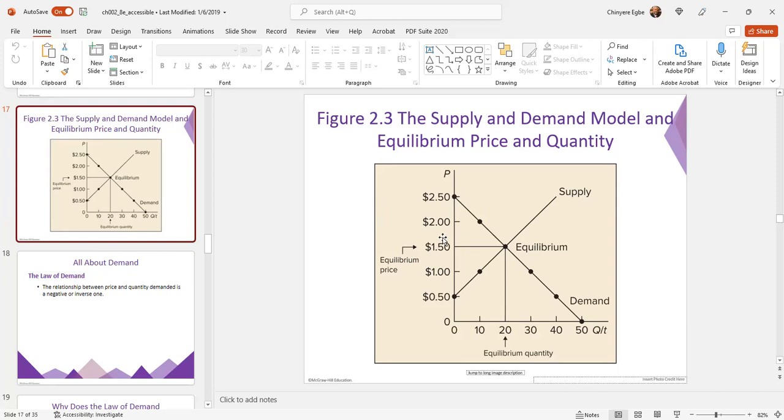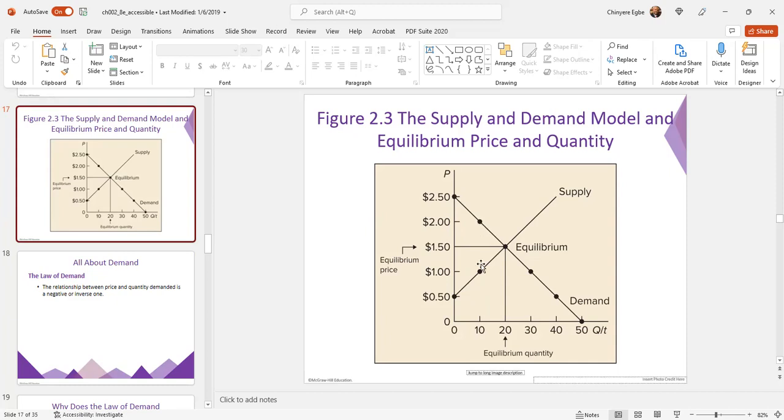Good question. There'll be a surplus. Now, let's not calculate the surplus, but the point is there'll be a surplus because the quantity demanded is small, which is like at 10, and the quantity supplied is up there. So there's going to be a higher quantity supplied and a lower quantity demanded.